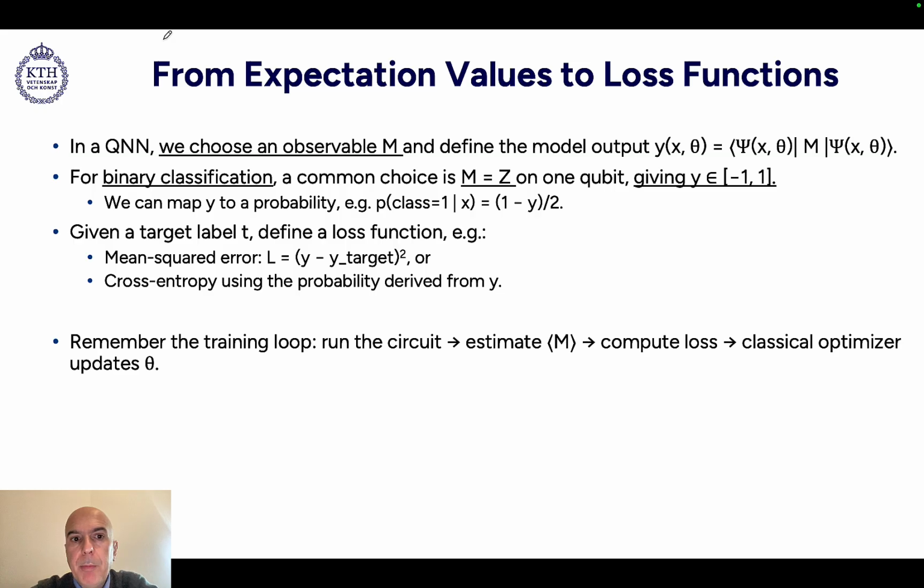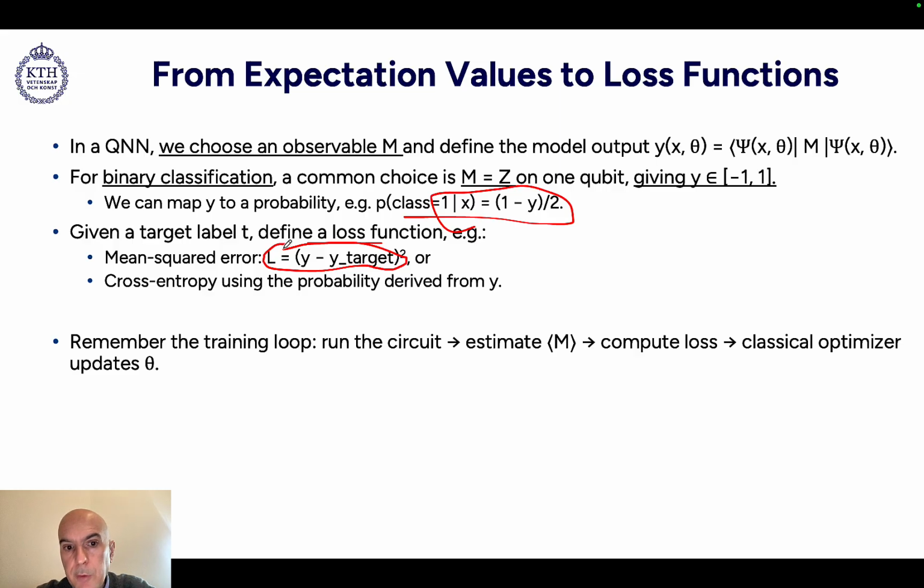We can then map it to a probability just by applying a simple transformation as in this slide. Given then a target label T, for instance in supervised training, we can then define a loss function in different ways. We're just taking the difference of our outcome from the label and calculating the loss.